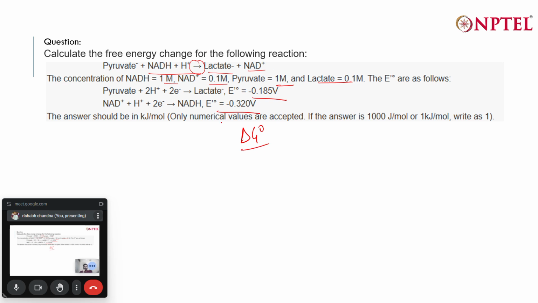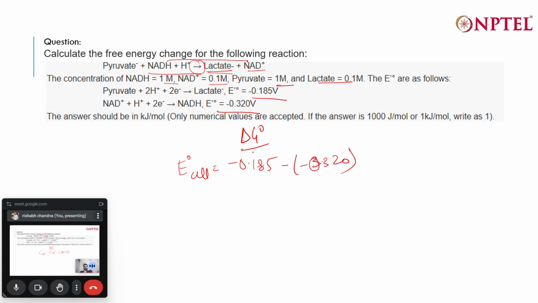So first we have to calculate the E naught cell, that is the reduction potential of the particular reaction. Because in the reaction the pyruvate is actually reduced to lactate and NADH is oxidized to NAD plus. So the reduced one would be the lactate and the oxidized one would be the NADH.